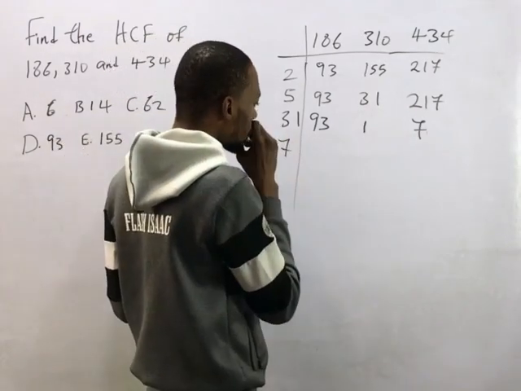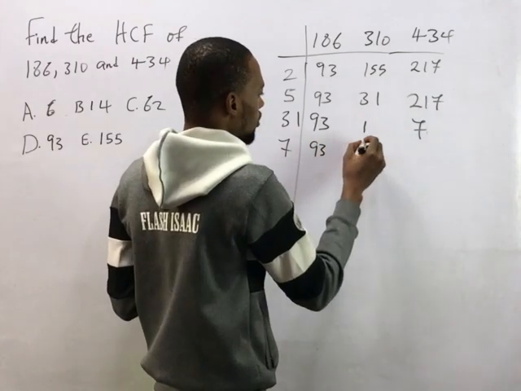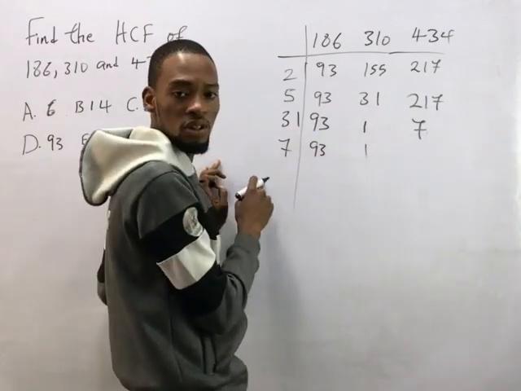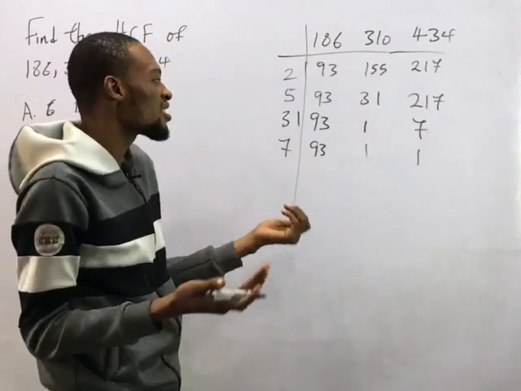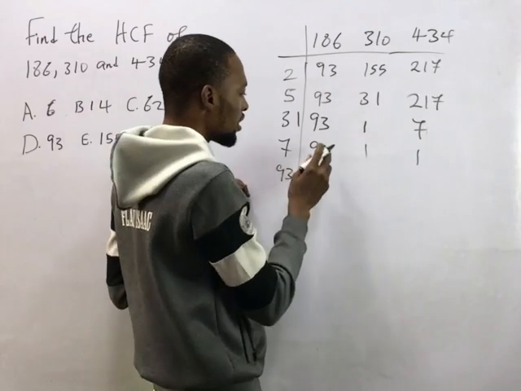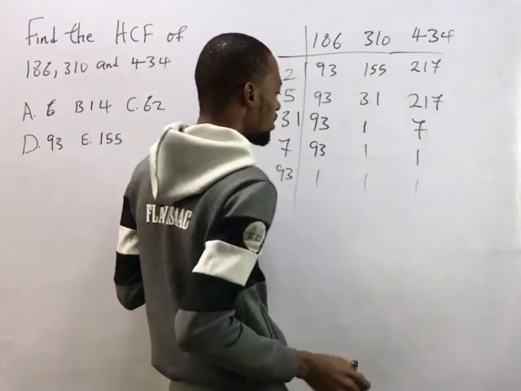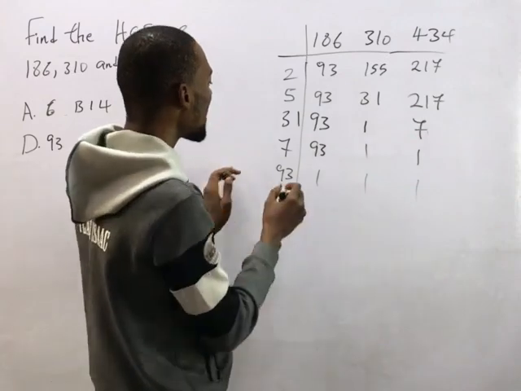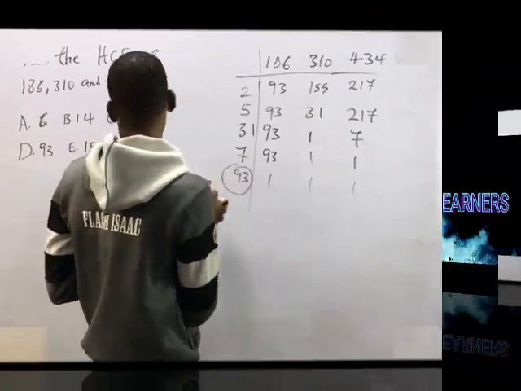So if we have 7 here, this remains 93, it won't work. This remains 1. 7 divided by 7 is what? 1. So we have 1 here. So the next number we can actually try is obviously 93. So if you have 93 here, 93 divided by 93 is 1. So here remains 1, here remains 1. So the highest number here is your HCF, which is 93.